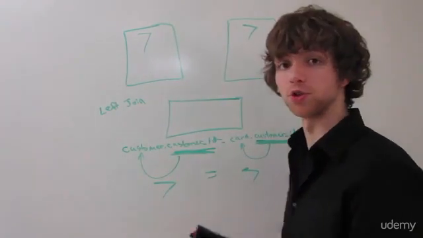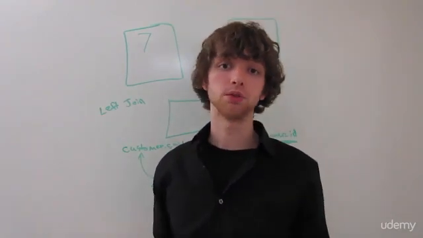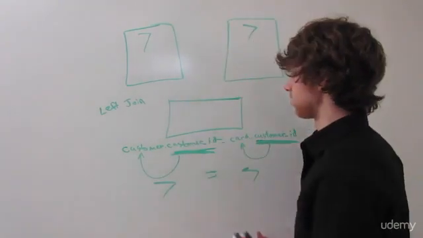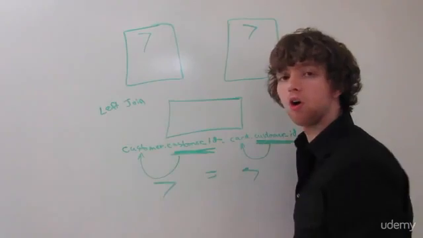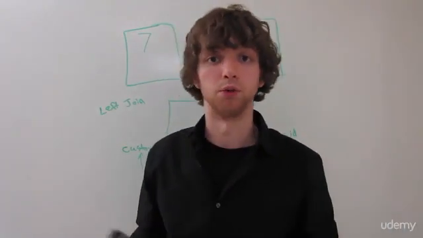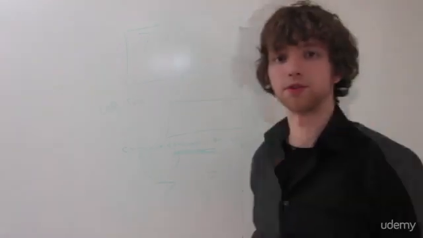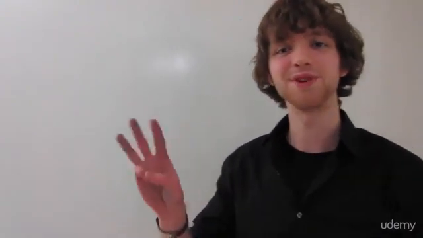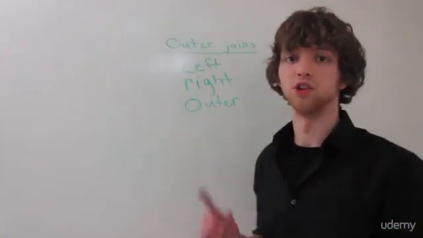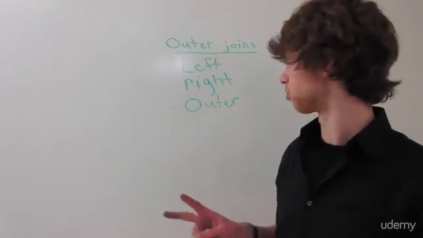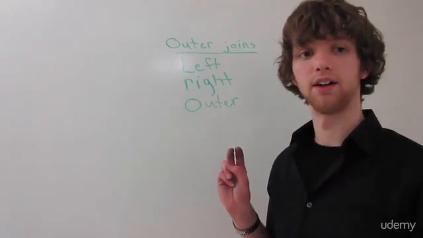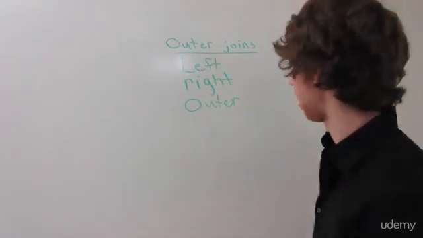But with an outer join, we are going to ignore that and return all of the rows for either the left or right side. There are three main classifications of outer joins. I'm going to write them all, and then in the next videos we are going to discuss them. There's a left outer join, a right outer join, and a... did I seriously write outer join?